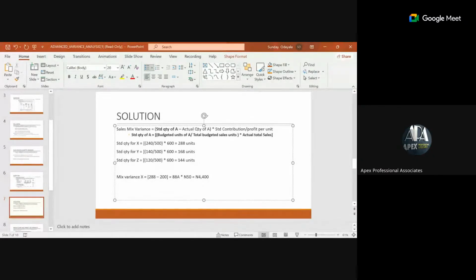So same thing for the mix variance for Y. Open the big brackets.